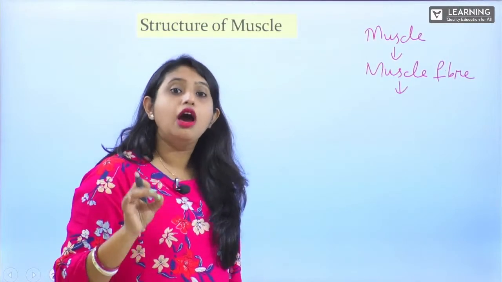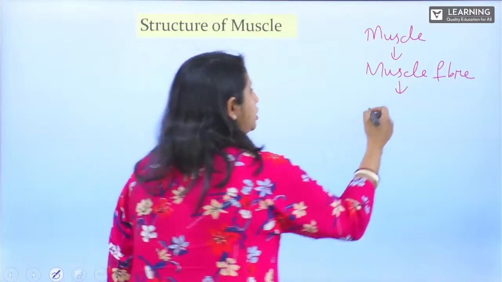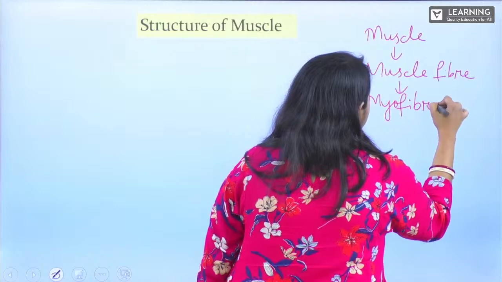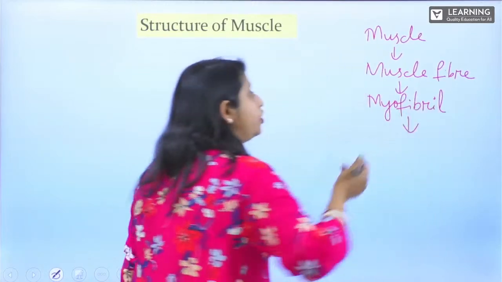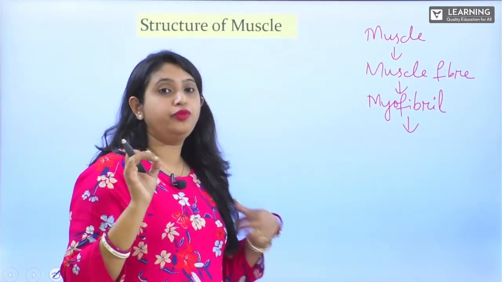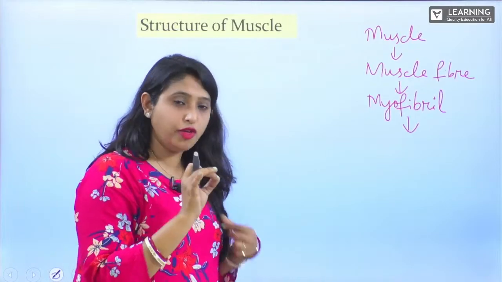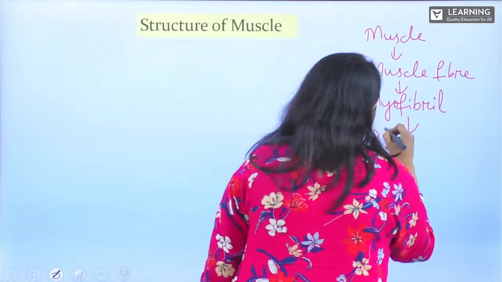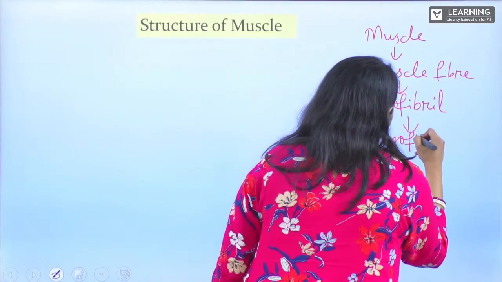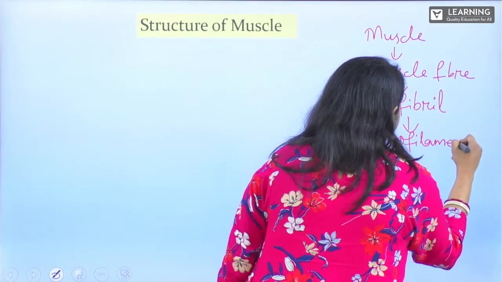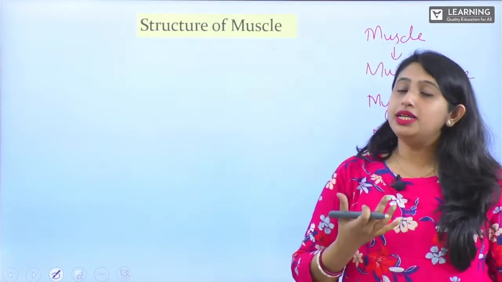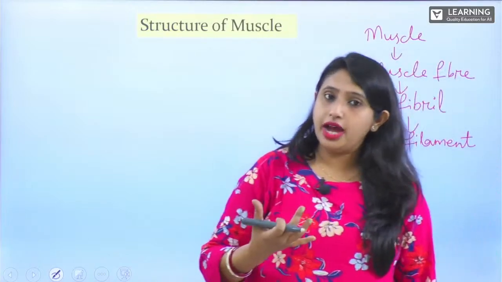You will see the myofibril. And when we see inside the myofibril, what we will find? Inside the myofibril, we will find myofilament. Is that clear? This is how the muscle is structured or designed.